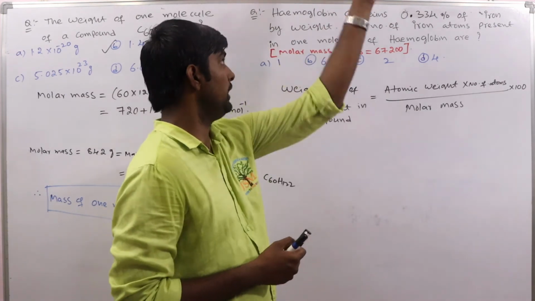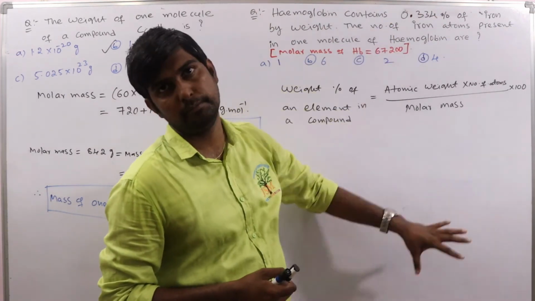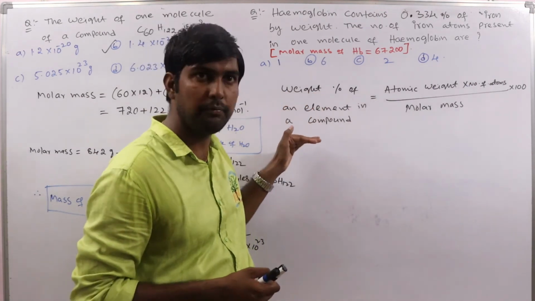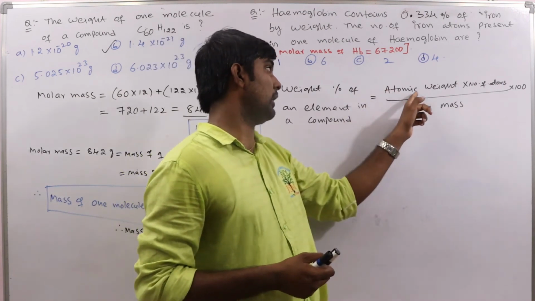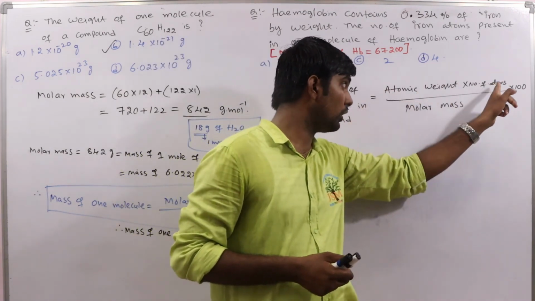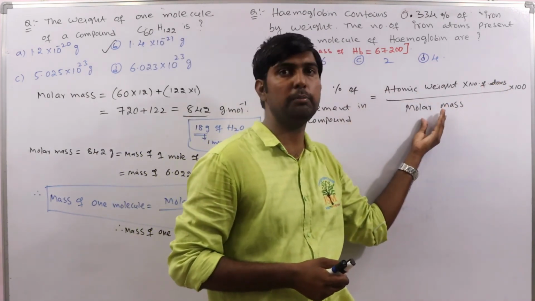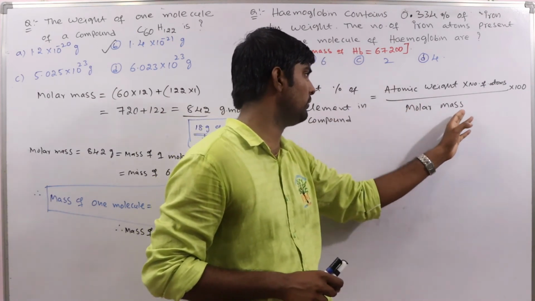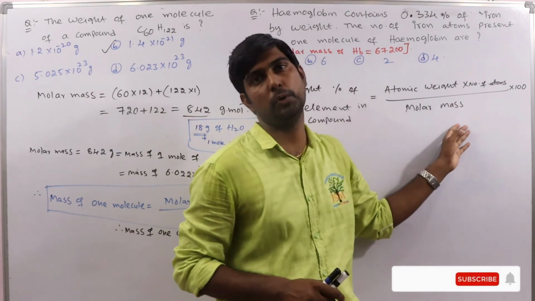Here we are going to calculate the number of iron atoms. So the weight percentage of iron is equal to the atomic weight of iron into the number of iron atoms, divided by the molar mass. In which molecule are we calculating? In hemoglobin, so we take the molar mass of hemoglobin.